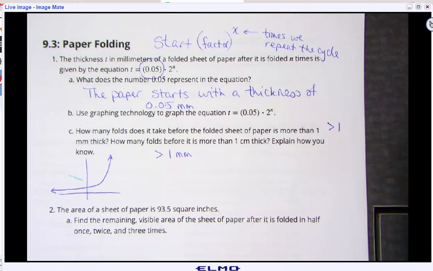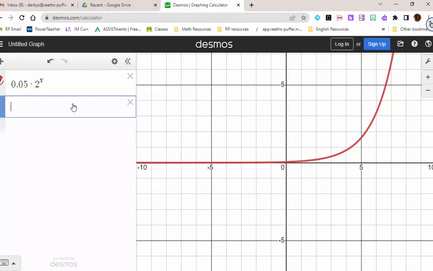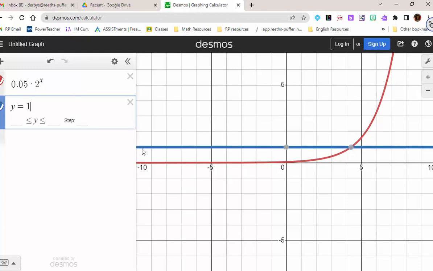So I'm going to go to my Desmos screen again and put in y equals 1, because I want my output to be 1 millimeter. Here is that value at 1 millimeter, and I can see that it crosses here, and I can use Desmos to find that point very quickly. Now it says it takes 4.322 folds, but we need to be smarter than what Desmos is telling us.